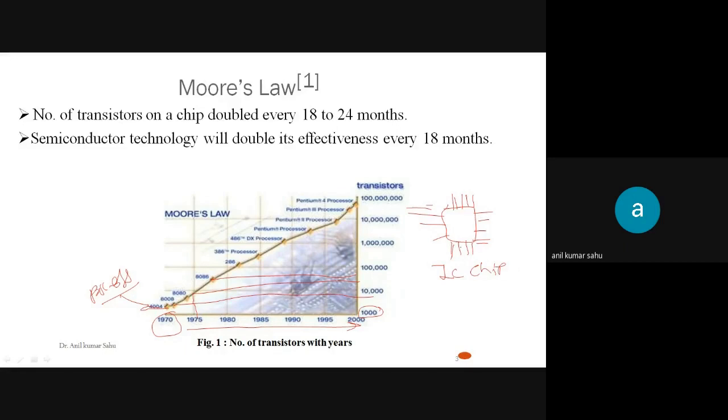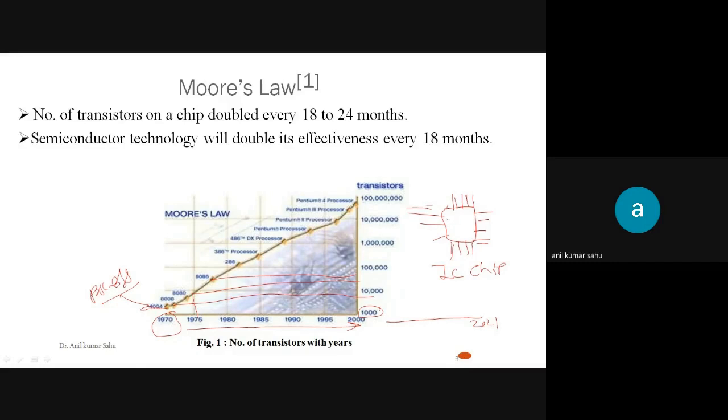This IC chip is now fabricated with billions of transistors. In 2000, or if you talk about 2021, microprocessors like Pentium 4 and Pentium 5 are fabricated with billions and trillions of transistors.